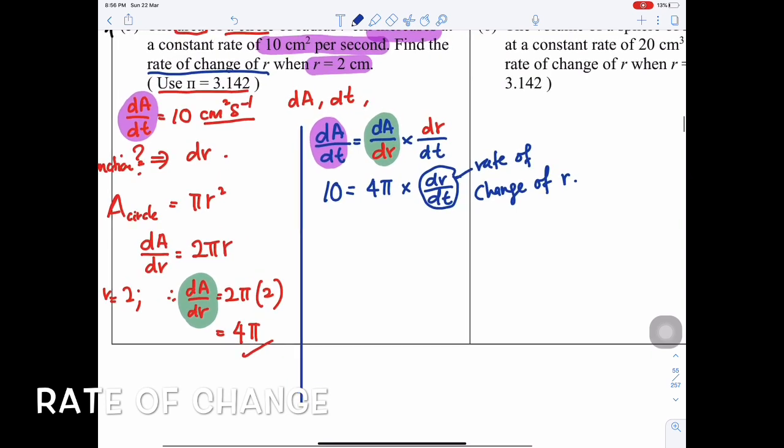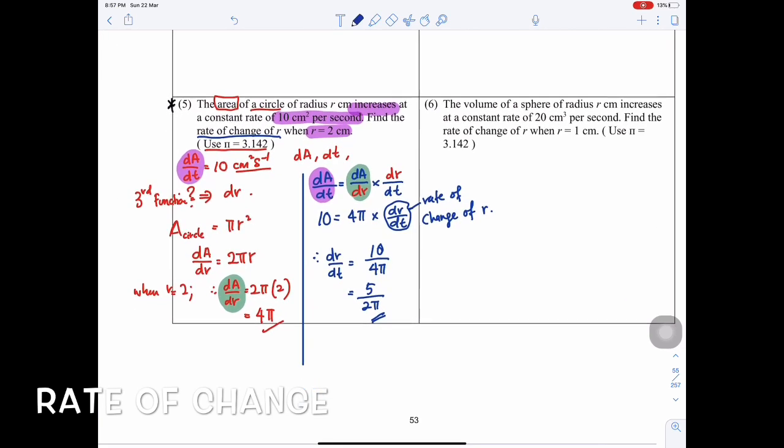Therefore the final answer: dr/dt equals 10 over 4 pi, which equals 5 over 2 pi. Leaving the answer in terms of pi is okay.